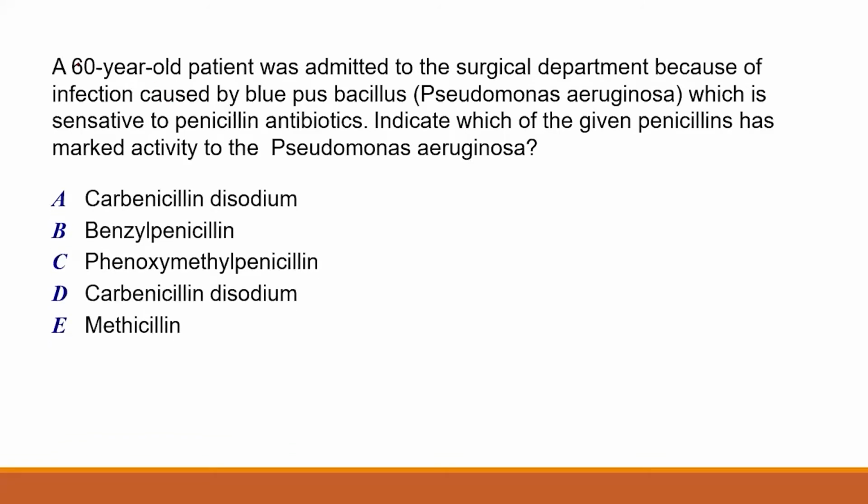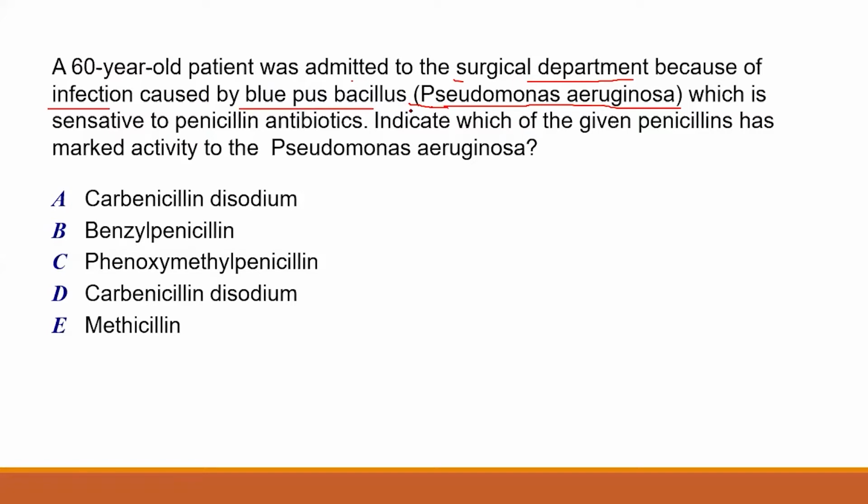So we have a 60-year-old patient who was admitted to the surgical department because of an infection caused by a blue pus bacillus, also known as Pseudomonas aeruginosa. If you know your microbiology very well, you will know that Pseudomonas is a gram-negative bacteria.